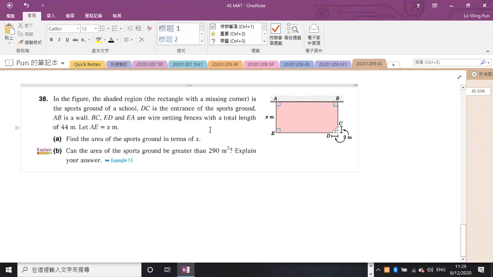Oh, 睇下咩先？In the figure, the shaded region. So that is a rectangle with a missing corner. 呢個係一個長方形，但係有一個角落頭咧係甩咗、崩咗嘅。It's the sports ground of a school. OK， 係一個學校嘅運動場嚟嘅。DC is the entrance of the sports ground. DC 就係個入口啦。跟 AB is a wall.